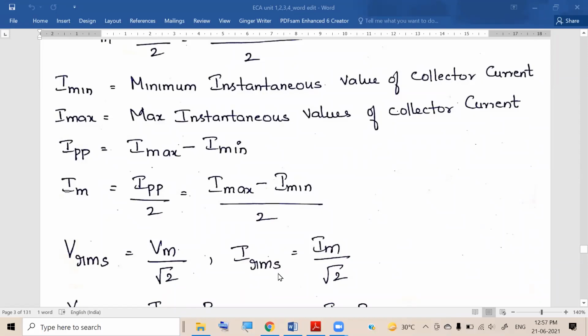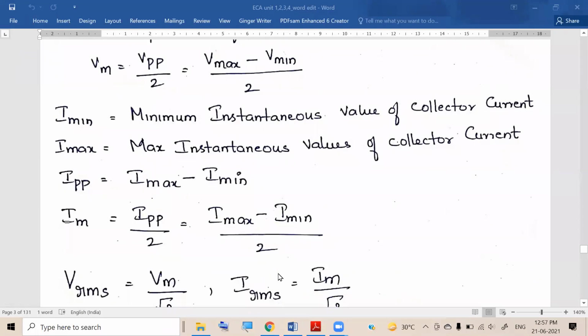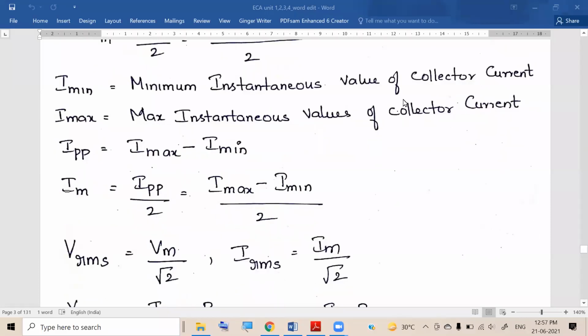It is Vm by root 2. I think you have already studied this. So the RMS value of a sinusoidal signal with amplitude Vm is Vm by root 2. Likewise, the RMS value of current is Im by root 2.